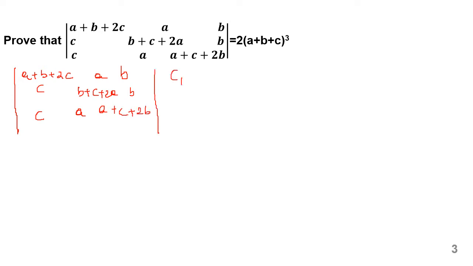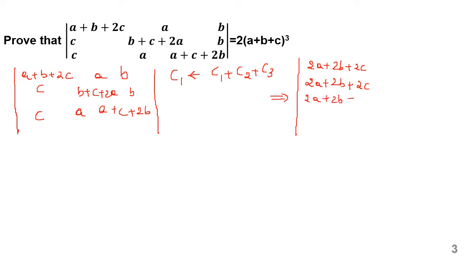First the first column is replaced with C1 plus C2 plus C3, which gives us a plus b plus 2c plus a plus b, which will add up to 2a plus 2b plus 2c. Similarly, c plus b plus c plus 2a plus b will give 2a plus 2b plus 2c. C plus a plus a plus c plus 2b gives 2a plus 2b plus 2c.